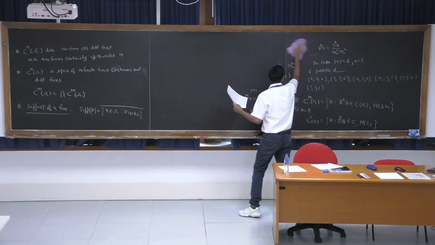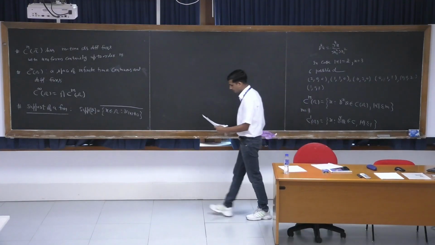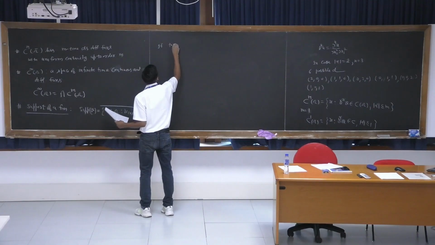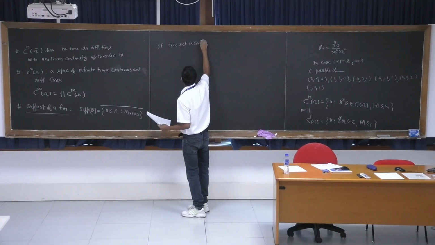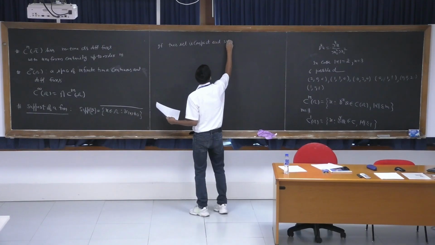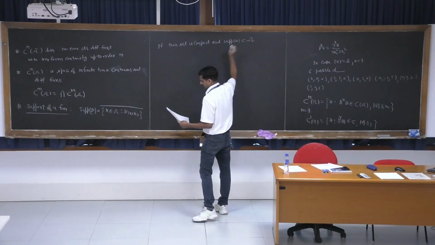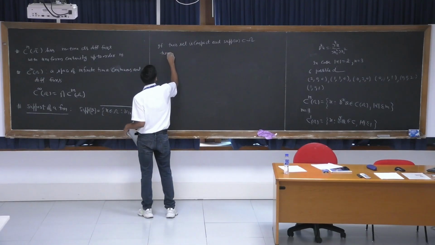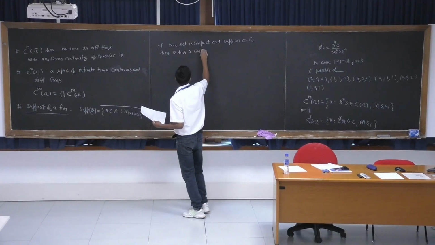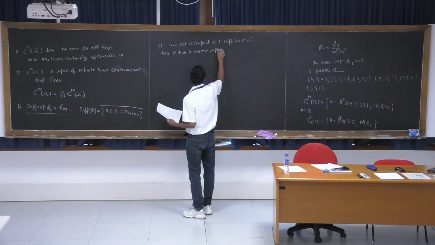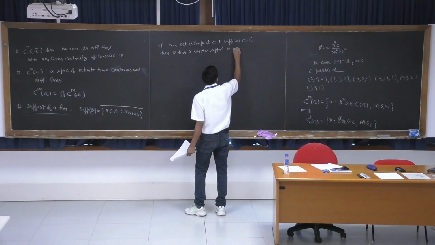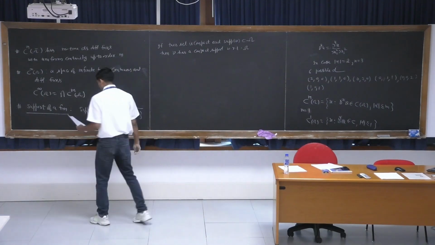Compact support means that if there exists a set K which is compact, and the support of V is contained in it, then V has a compact support with respect to omega. So this becomes compact support.